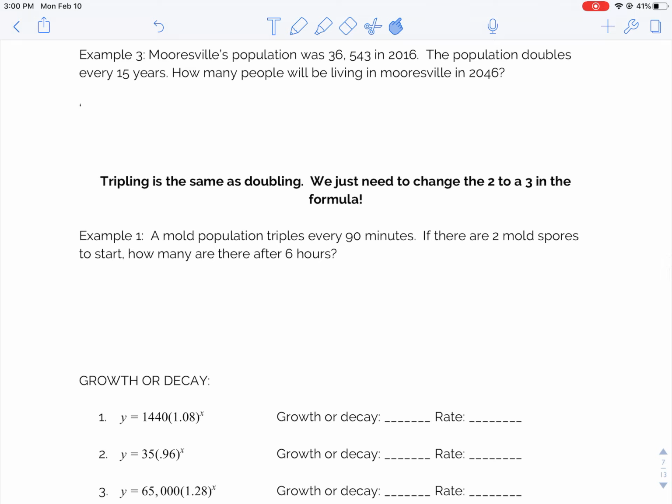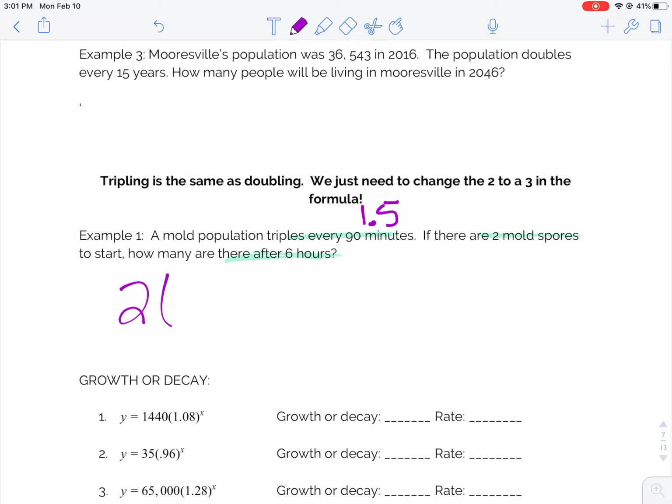If they gave you a tripling problem, you just have to change your 2 to a 3 inside your parentheses. So a mold population triples every 90 minutes. There are 2 mold spores when you start, and they want to know how many there are after 6 hours. Well, every 90 minutes, if I change that into terms of hours, would be an hour and a half.